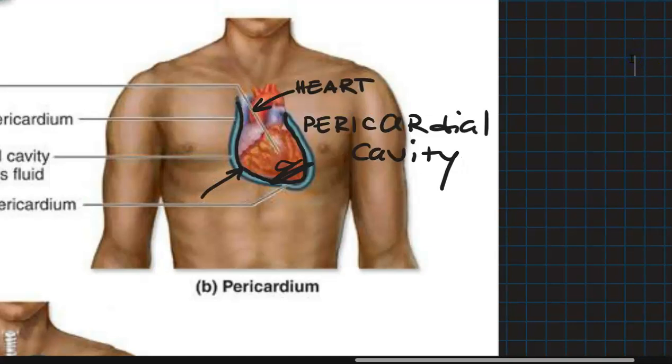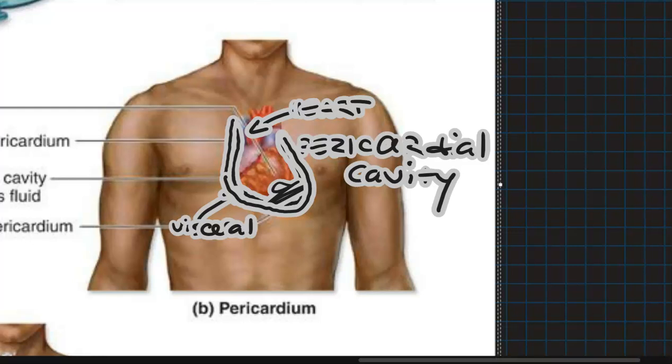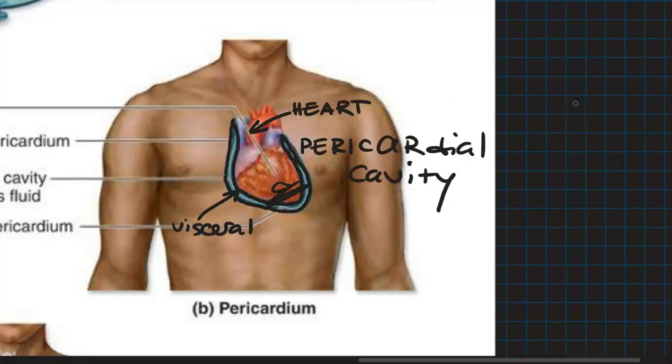You're absolutely correct. Then the membrane also lines the walls of the cavity, and that's the parietal pericardium. So there are effectively three membranes.